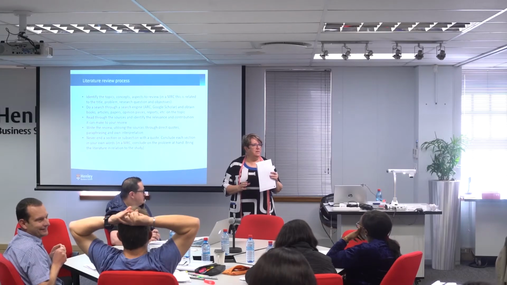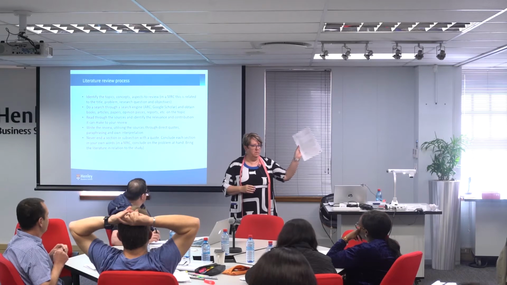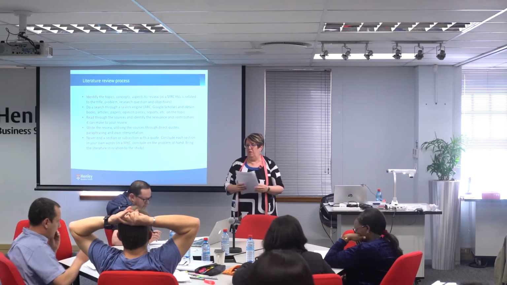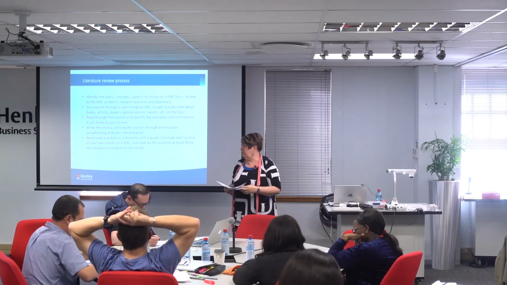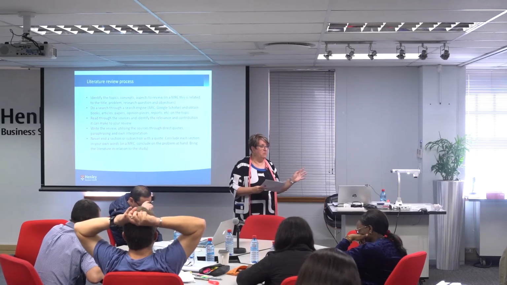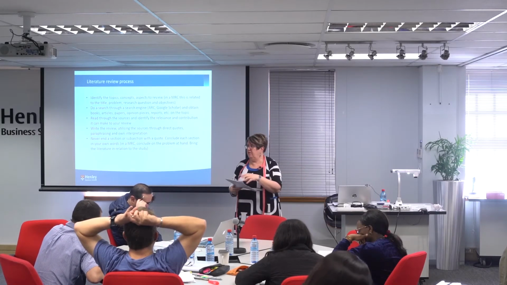So I would like to just hand out an example. Okay, so the literature review, this document, is an example of a literature review that comes out of a study, so it's got no context. I'm just showing you the structure of it and how some of these aspects that I've spoken about, I found very well represented in this article.